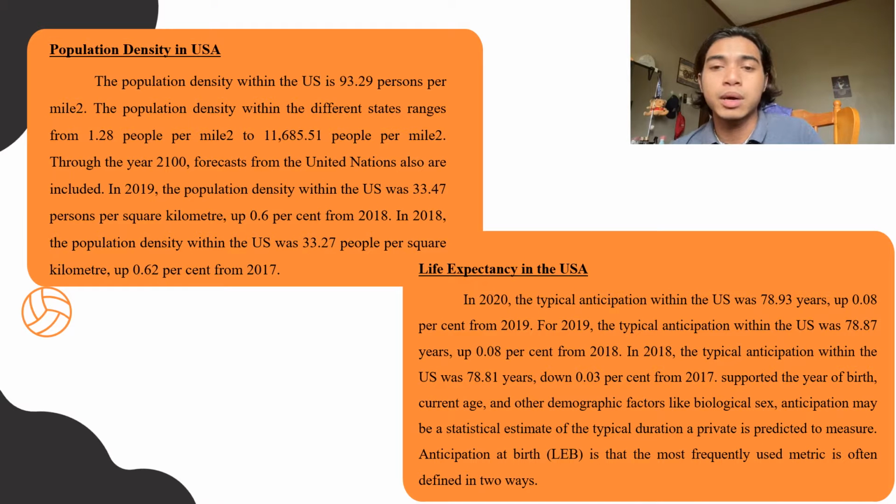So we talk about population density in USA. The population density within the US is 29 people per square mile.